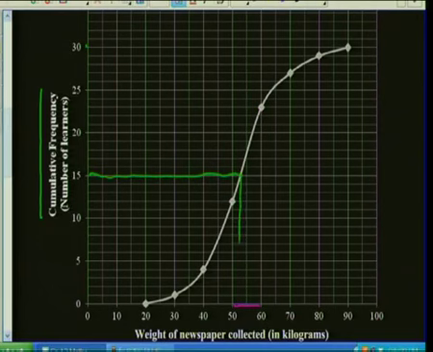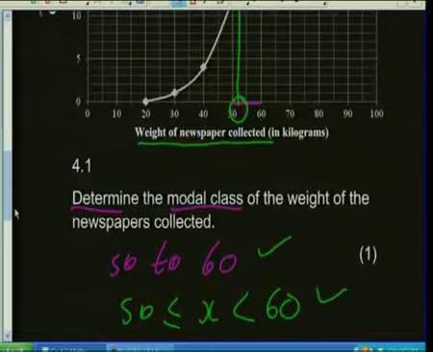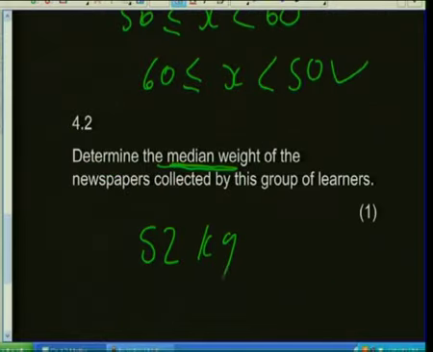That value is your median. In this case, it is approximately 52. So 52 kilograms is your median.